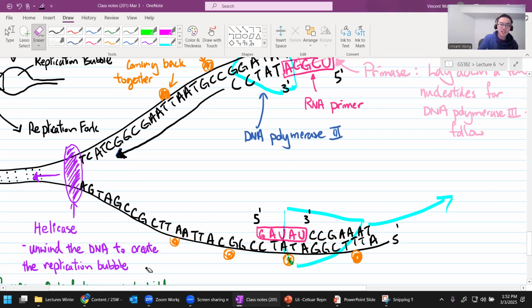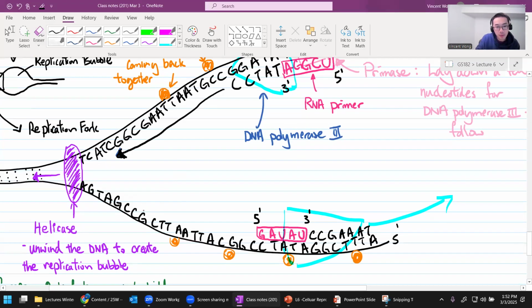But what about these nucleotides here? How are we going to copy those? Well, it turns out as you open up the fork more and more, the DNA polymerase 3 cannot move backwards. So in order to make copies of these, you would need to have another primer.